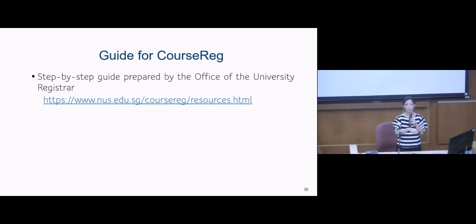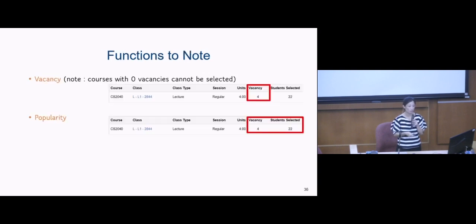Okay, this is the link to the guide to CourseReg, on how to use it. Some things to note: let's say you're interested in CS 2040. You can see they will tell you the vacancy, and also the number of students who have already successfully registered into the course.